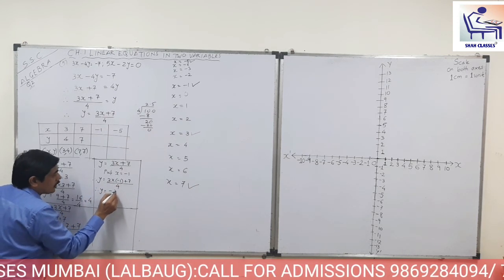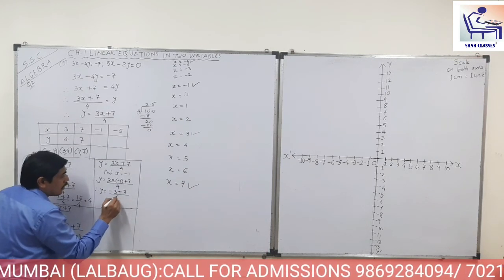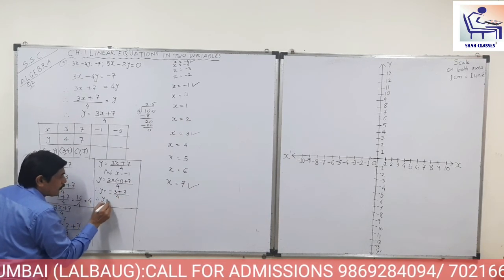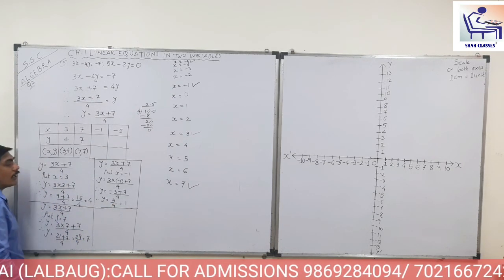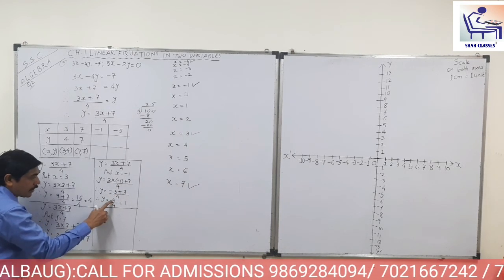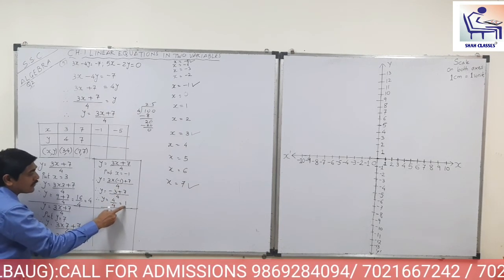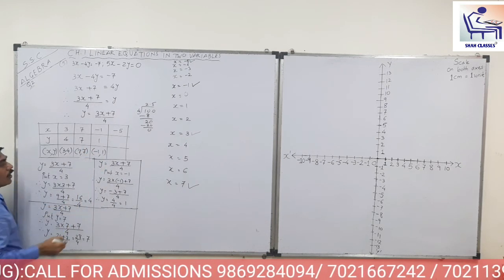Three into minus 1 is minus 3 plus 7 upon 4. Therefore, y is equal to 4 upon 4, which is 1. See, minus 3 plus 7, minus plus minus, sign of the greater number. So 4 upon 4 is 1. Here we got the value as minus 1, 1.